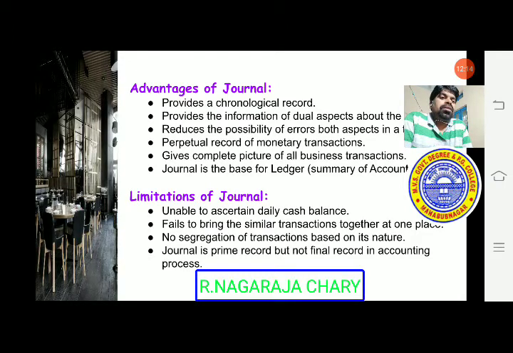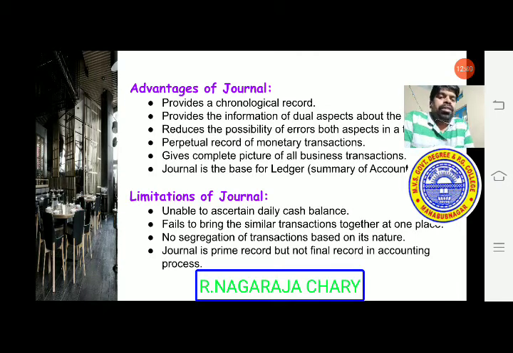If a transaction is done, it is recorded; if it is not done, it is not recorded. There is no difference between purchase and sales. All the transactions are recorded at one place. That is why there is no segregation. Journal is a primary book.